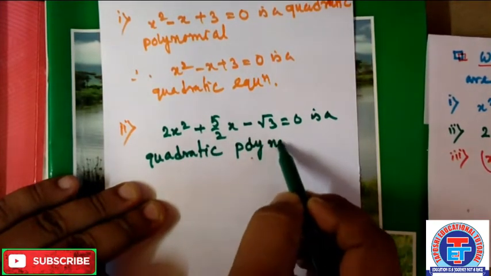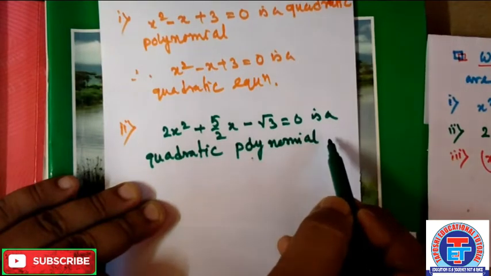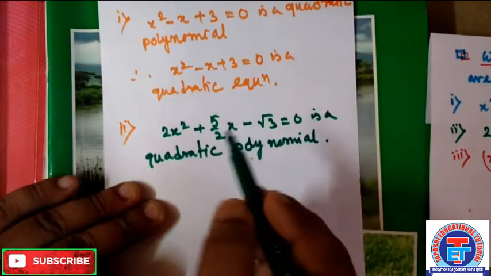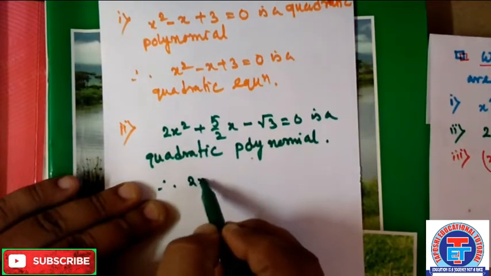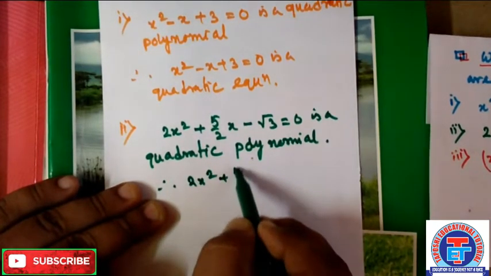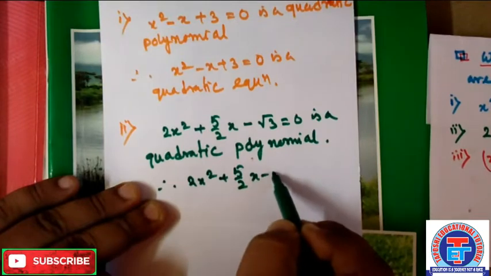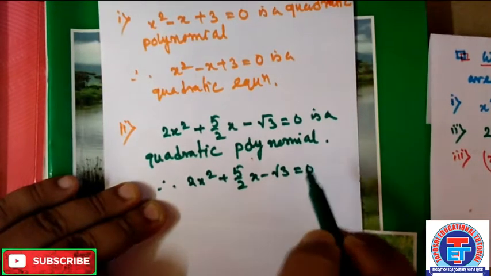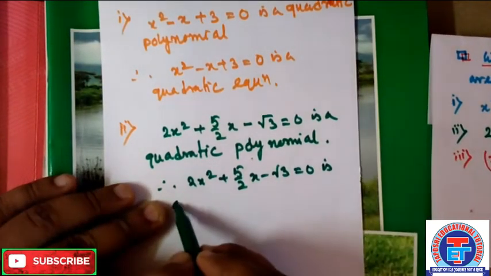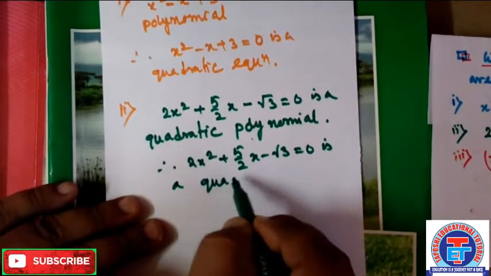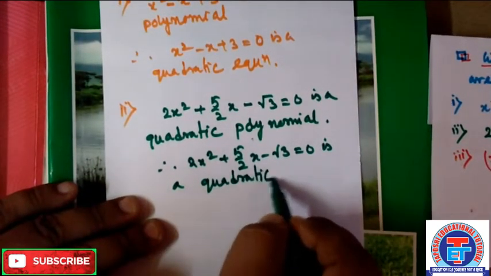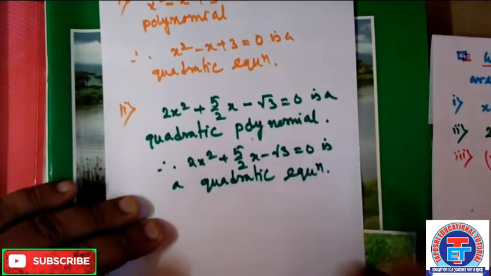Right. So therefore 2x square plus 5 by 2x minus root 3 is equal to 0 is a quadratic equation.